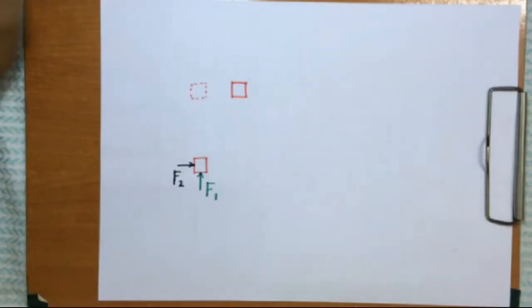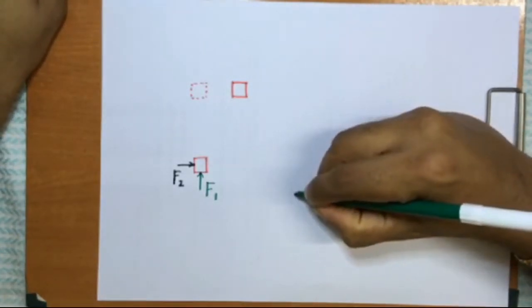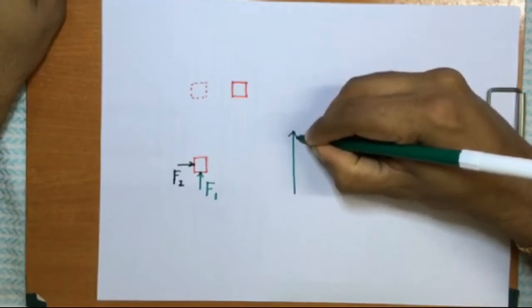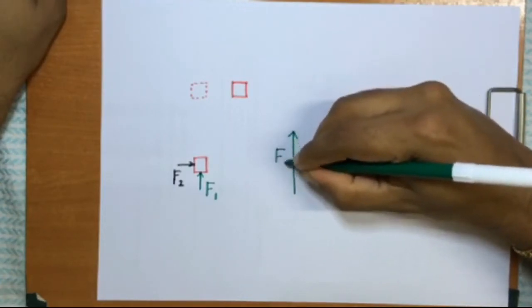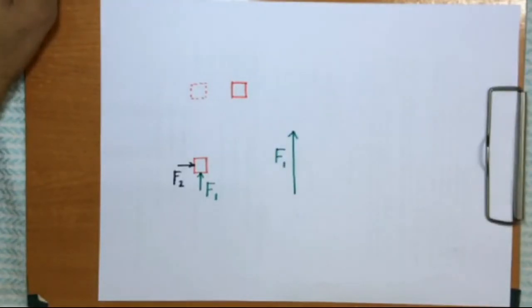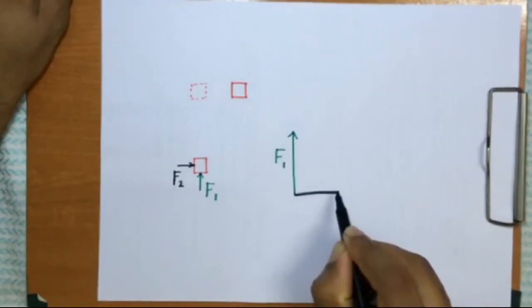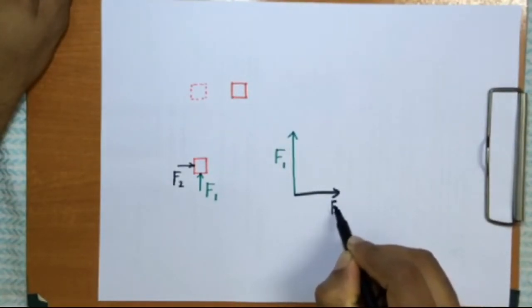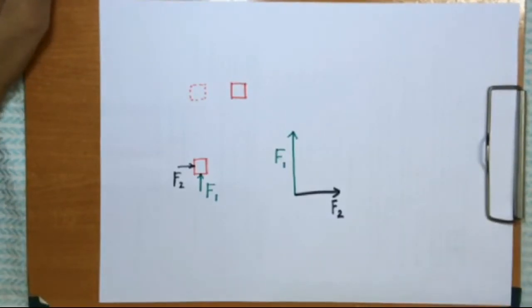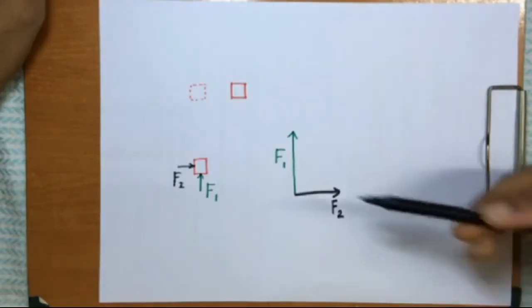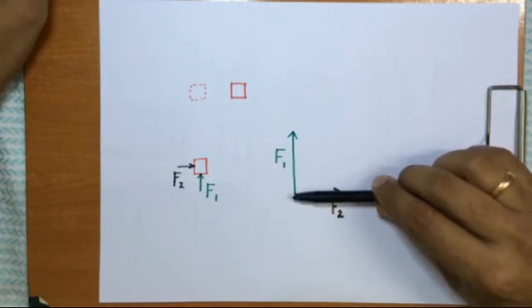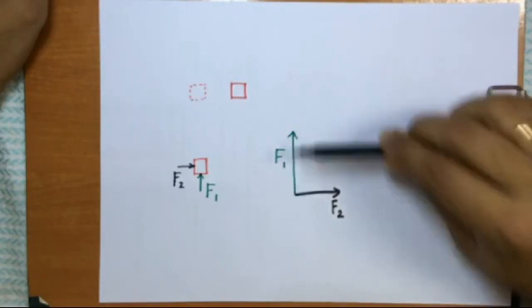So for that, let us consider the elder brother's applied force here, F1, and the younger brother's force that is applied here, F2. Now to get the resultant of these two forces, I need to construct a parallelogram, and what I am going to do is create the same length force here.